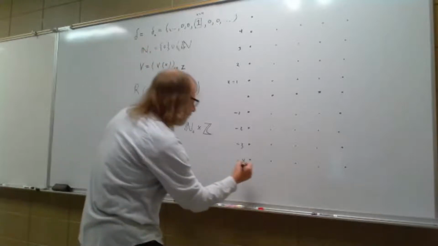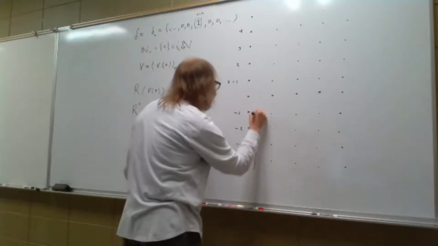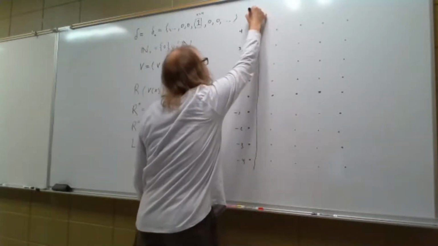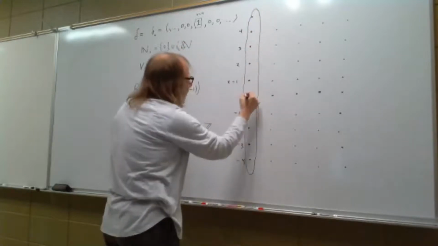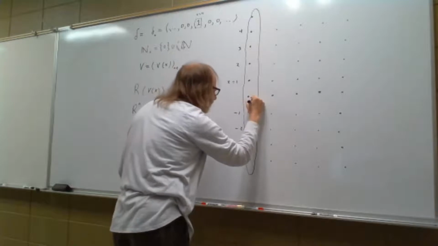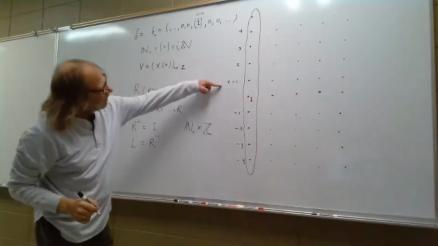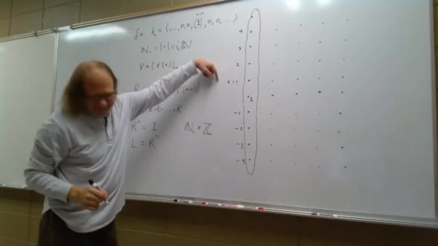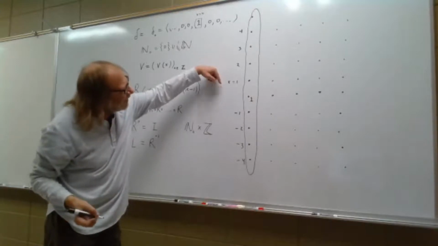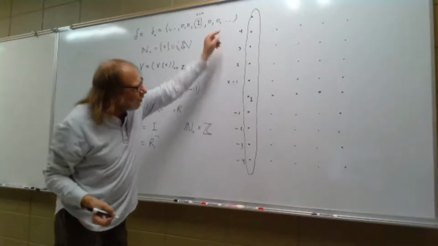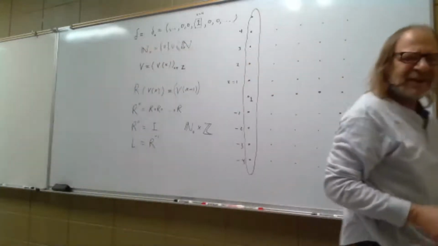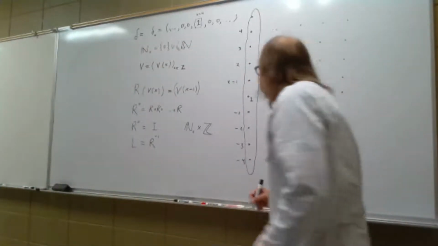And let me just take our delta vector and start 1 right in the middle. So here's my index, 0, -1, -2, 1, 2, 3, 4. Moving this way, we're pushing our time or state.